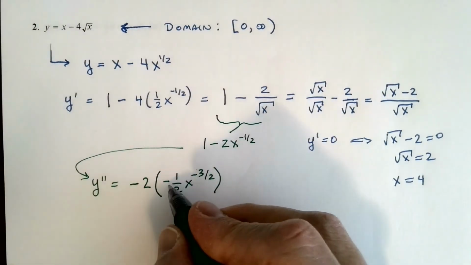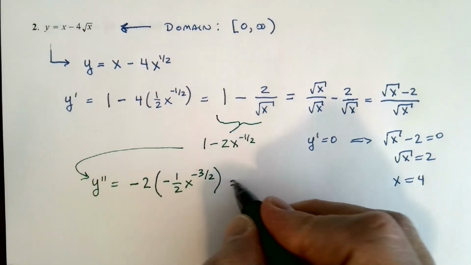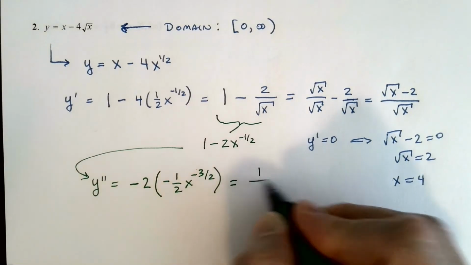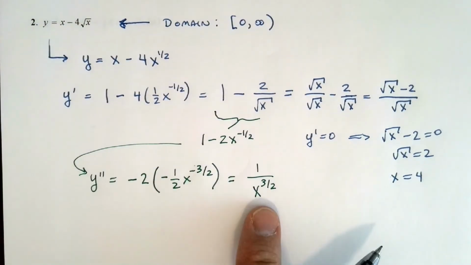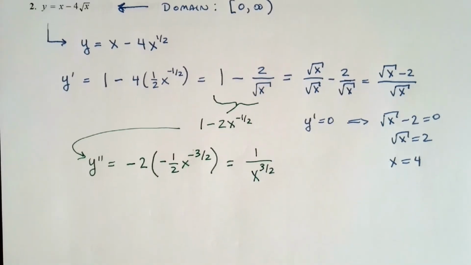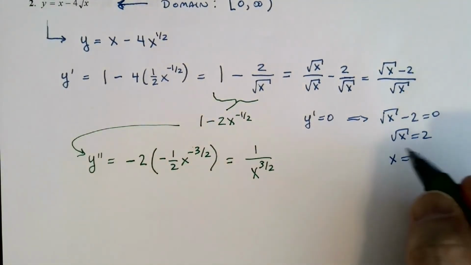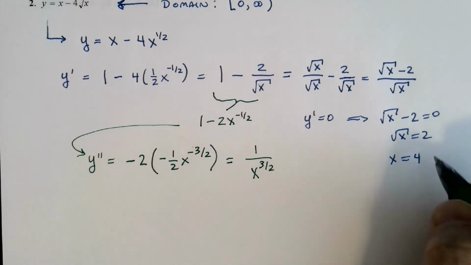So this negative times negative is positive, 2 times 1/2 is 1. I'm just left with x to the negative 3/2, or 1 divided by x to the 3/2. And notice that that's never equal to 0. I cannot divide into 1 and get 0. It's undefined when x is 0 again. So really the only potential transition point is x equal 4.